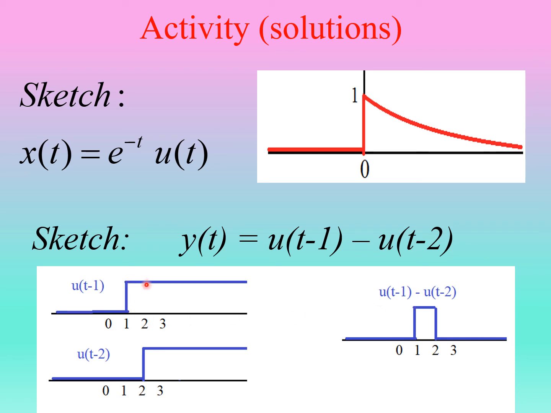When we get to 2, this one is a 1 and the one down here is also a 1, so we have 1 minus 1, which jumps back down to 0. Everywhere after that, 1 minus 1 is 0. So our answer for y of t is a pulse with a width of 1 second.